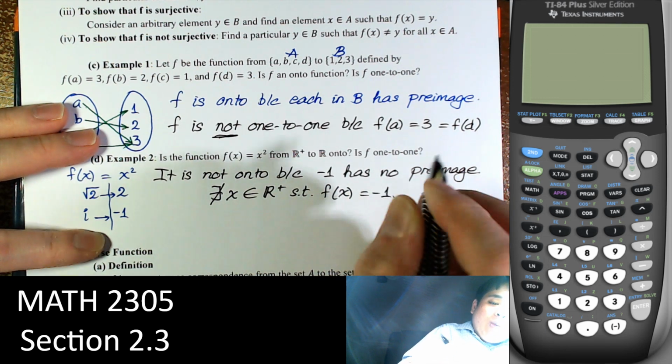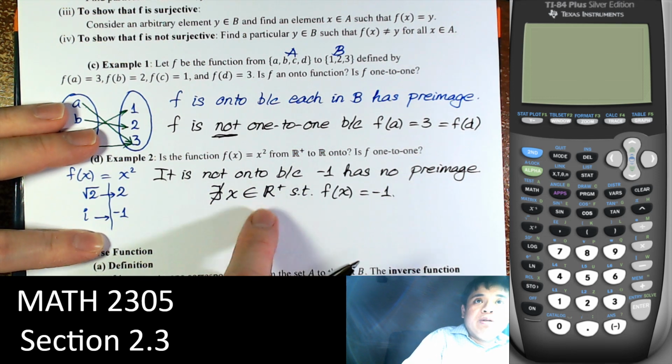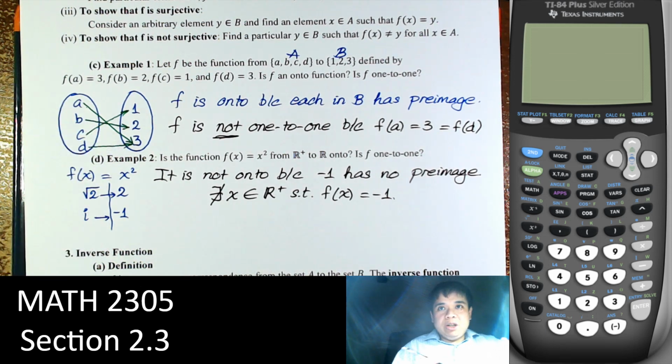So we have negative 1 in the second set, but there's no x in the first set that satisfies this. Or we say no pre-image. So it's not onto.